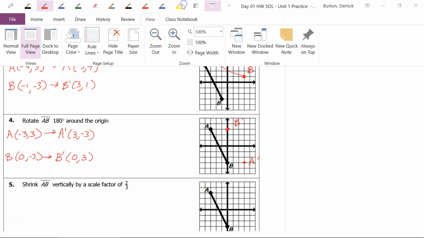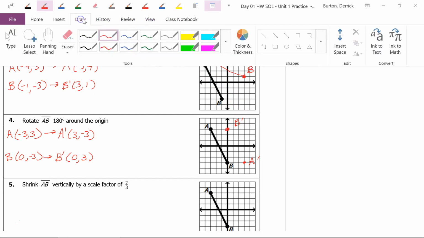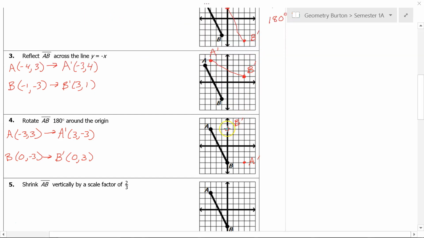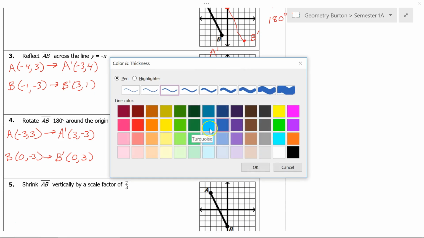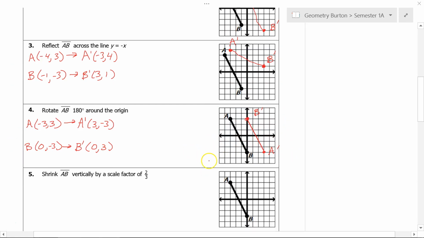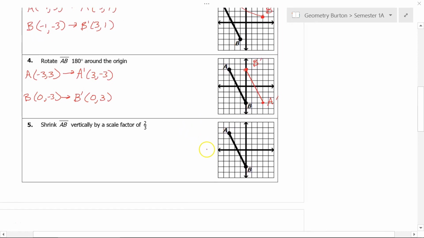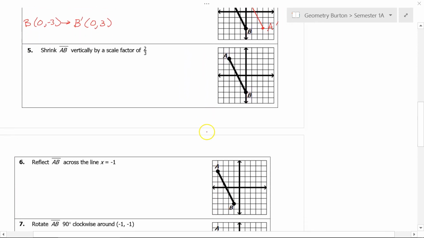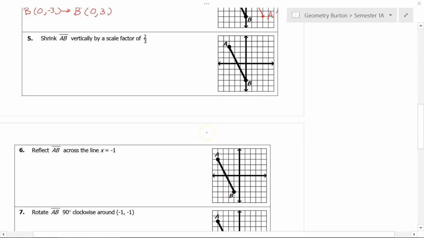Let me see how much of a hassle it is to draw an actual line so I won't be so embarrassed with my crooked lines. That wasn't too much of a hassle. Maybe I'll do that from now on.